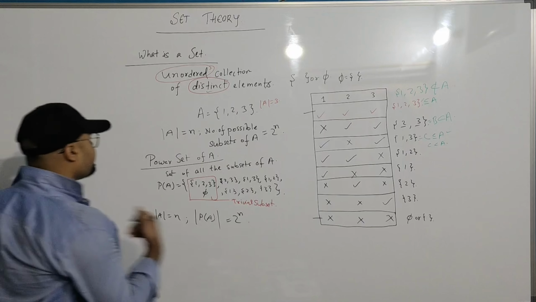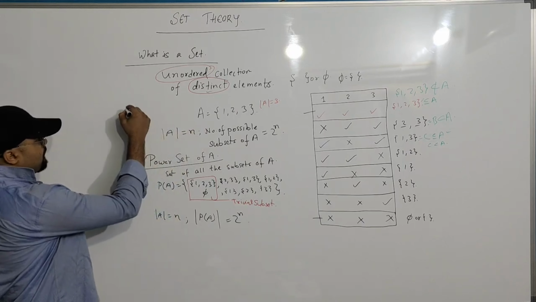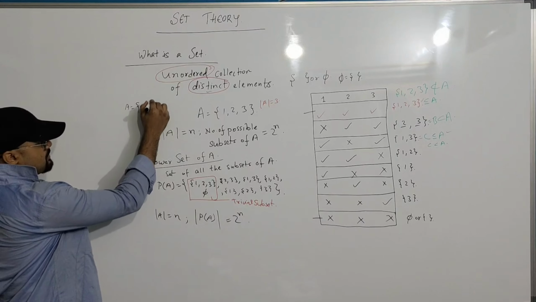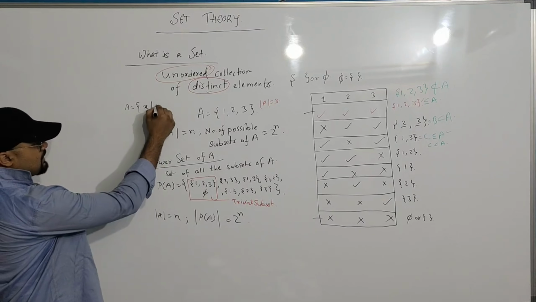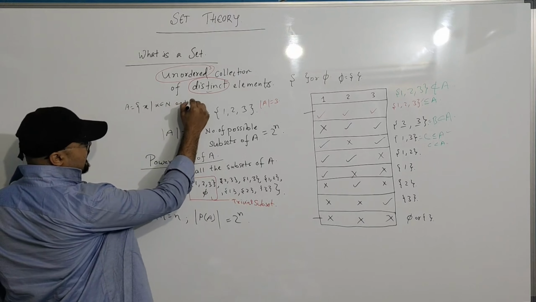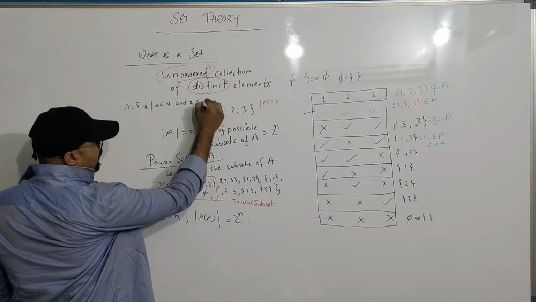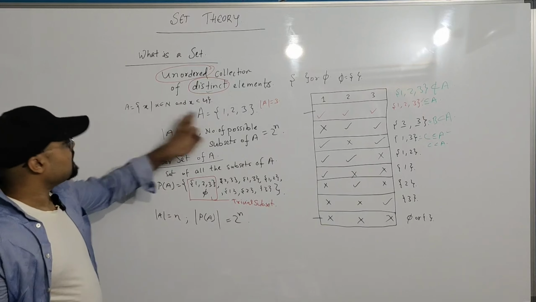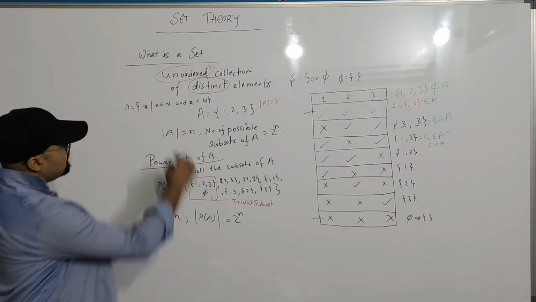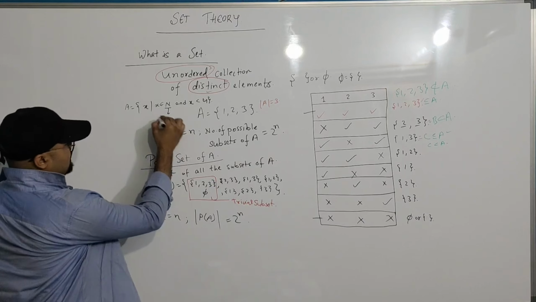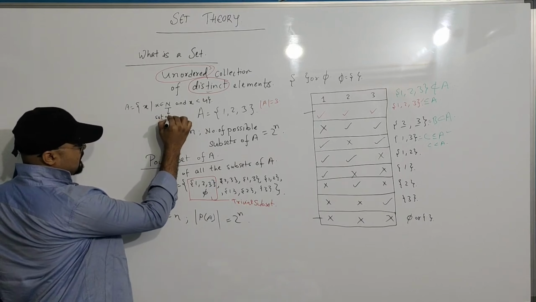I can write it as A is equal to {X such that X belongs to the natural numbers and X is less than 4}. Then this is nothing but this. Here N is the set of natural numbers.